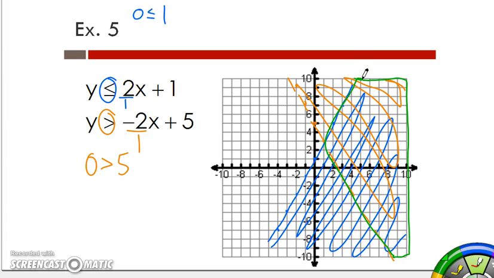All of that is my actual answer. So that means that every point in this region that's outlined in green will be a correct solution for this problem. Okay, and that's all I have to do in order to graph systems of inequalities.